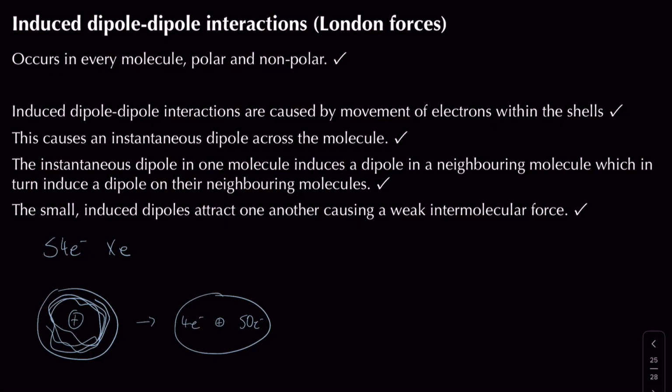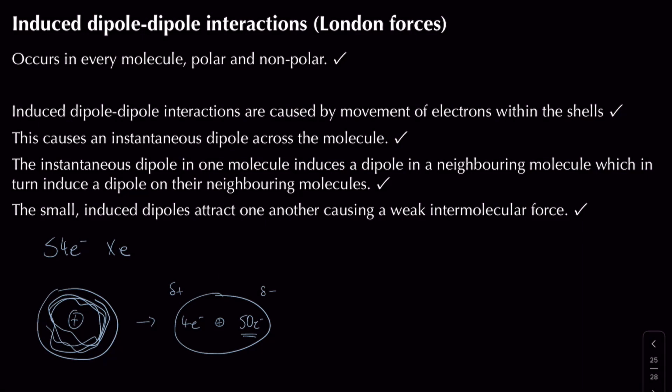Now, because of this uneven distribution of charge, I can assign a partially negative charge on this side here and a partially positive charge on this side over here. We call this an instantaneous dipole, and this happens across the molecule or the atom itself.